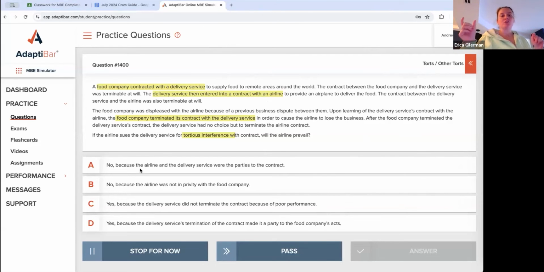So if the airline sues the delivery service, they have their own contract that has nothing to do with the contract between the food company and the delivery service. For them to prevail under tortious interference with the contract, the airline was supposed to sue the food company directly because they had technically tortiously interfered with the agreement between the delivery service and the airline. So it was the wrong standing. They sued the wrong party for that cause of action.